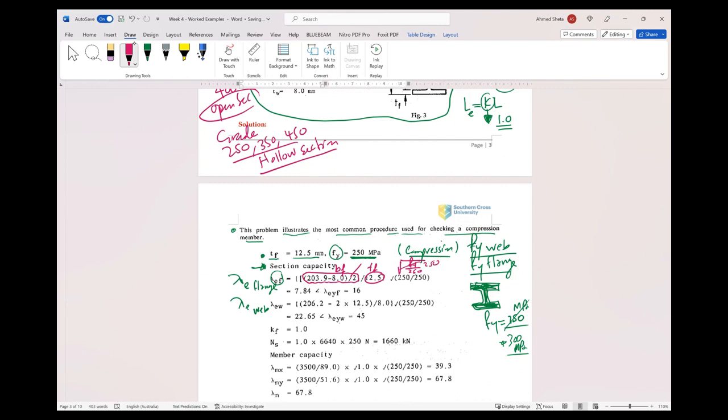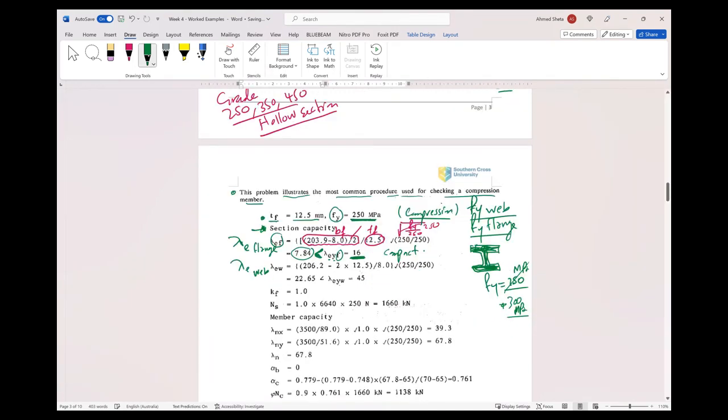The result will be 7.84, which is less than lambda effective yield for flange. E means effective, Y means yield, which from the table in the standard equals 16. So if it is less than yield, this means it is compact.